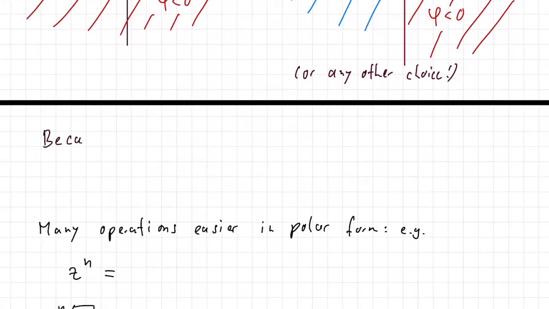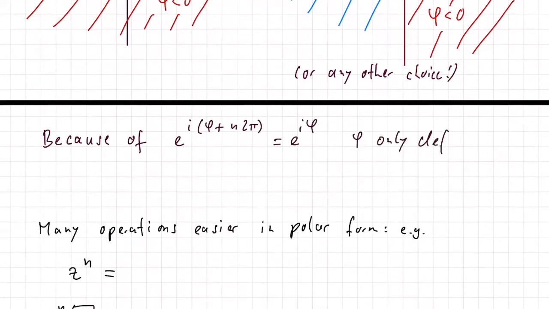Because we have e to the i (phi plus n 2 pi) equals e to the i phi, phi is only defined up to multiples of 2 pi. So this is basically what is reflected, that you can have different choices.